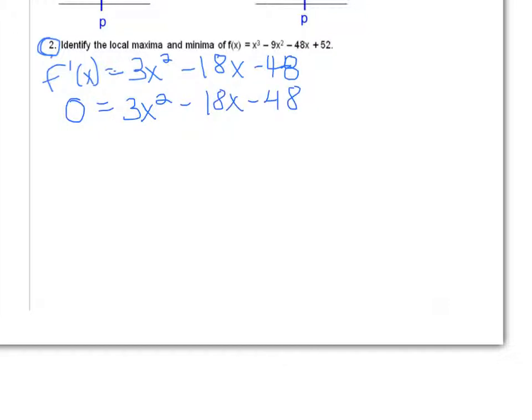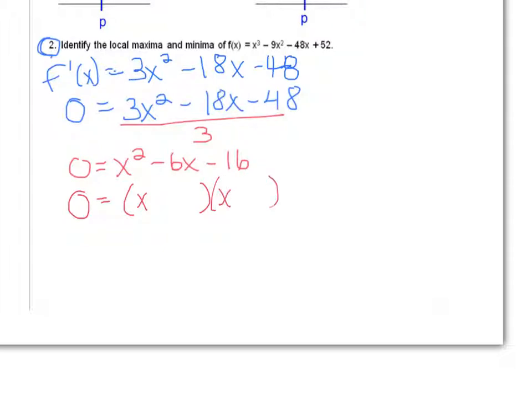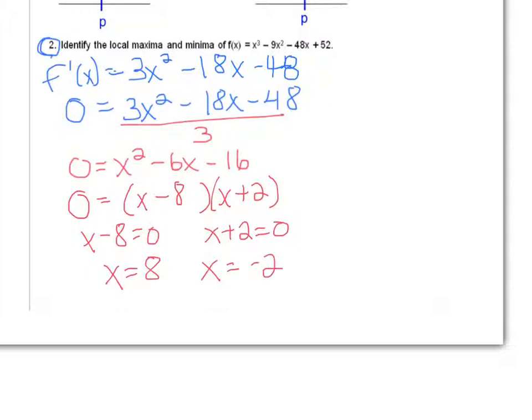Now, which is really nice, all of these terms divide by 3, so it's going to make our factoring easier. What multiplies to negative 16 that adds to negative 6? We're going to have negative 8 and positive 2. Set each factor equal to 0. And our critical values are 8 and negative 2.